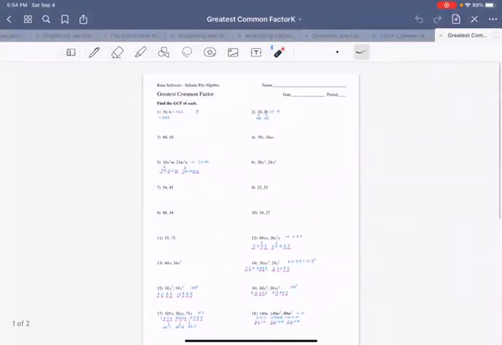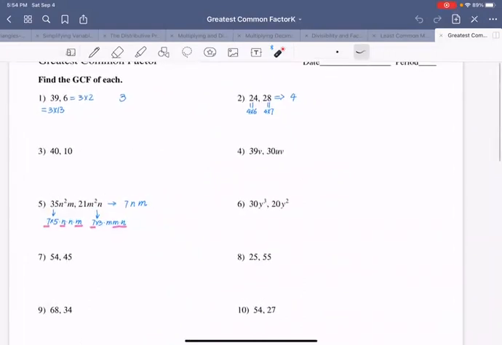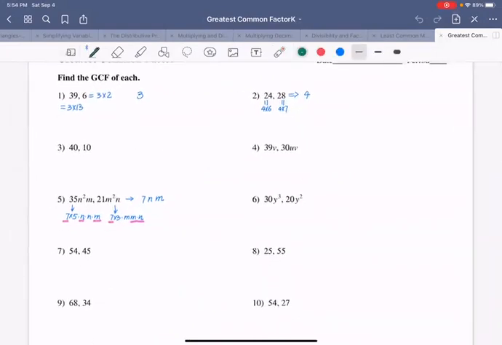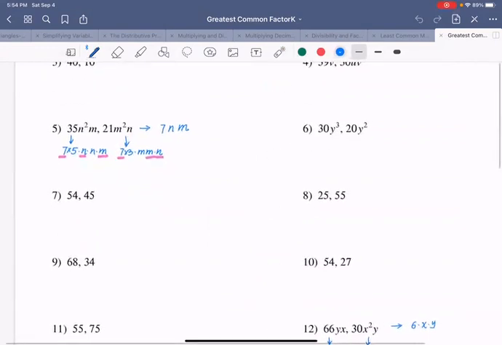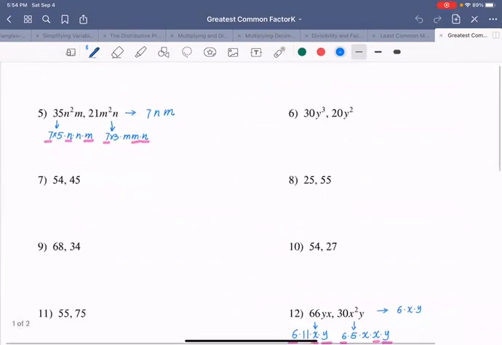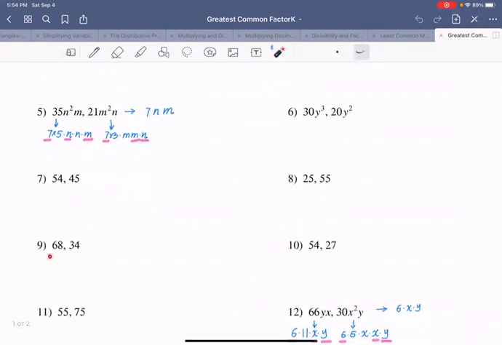Okay. Now, let's see number 9. Ian, let's do number 9. Go ahead. You see these two. Are they both divisible by 2? Yes. This guy divided by 2 will be how much? 34. This guy is 34 times 2.